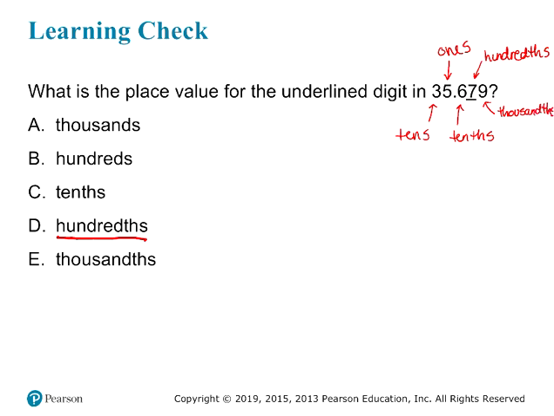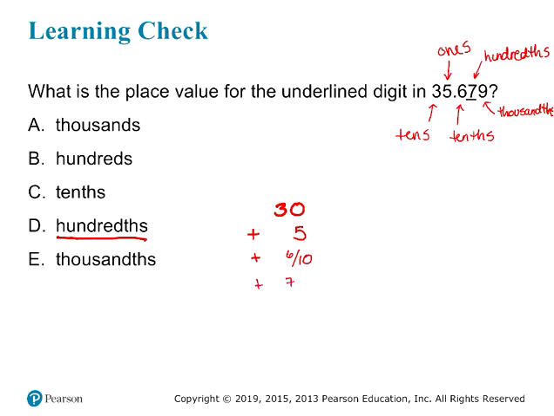So, for instance, what we're really doing here for that number, we have the 3 in the tens place, so we've got 30. And then the 5 is in the ones place. The 6 is in the tenths place, so we could write that we're actually adding 6/10 to that number.